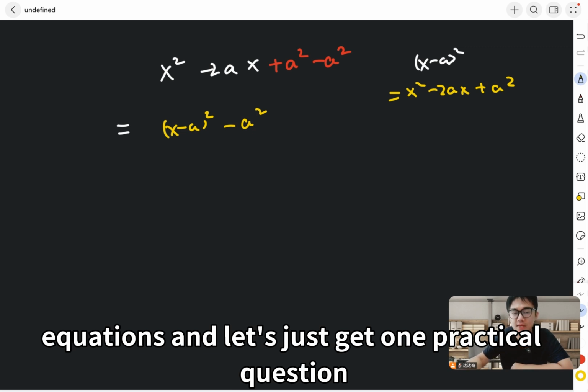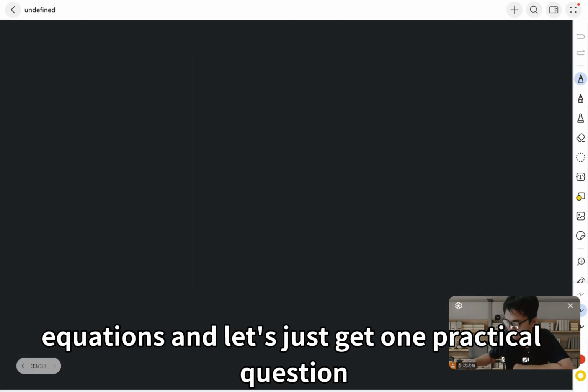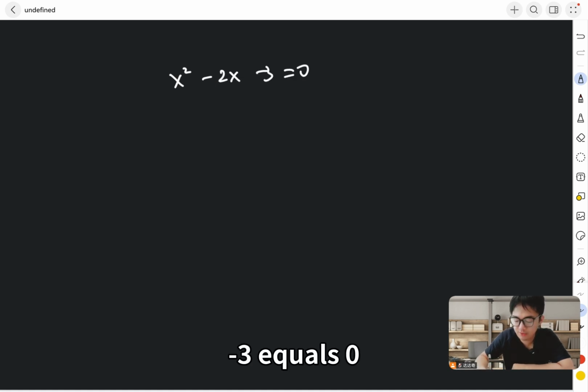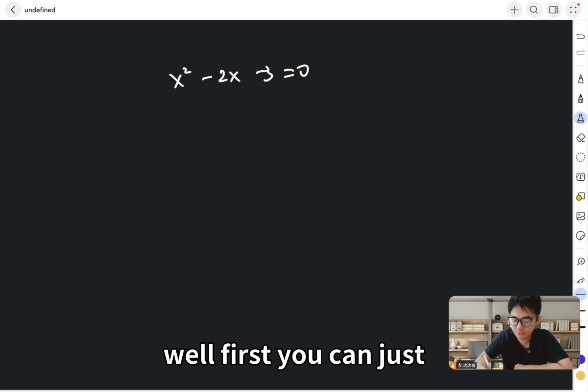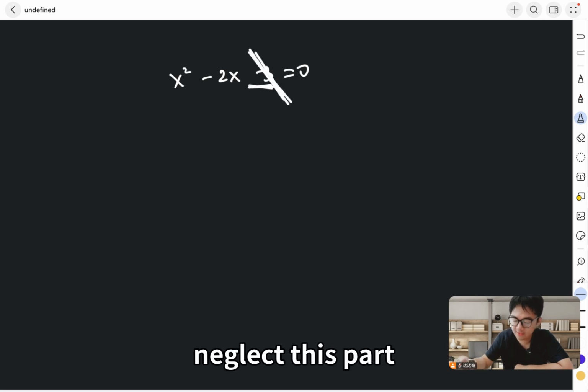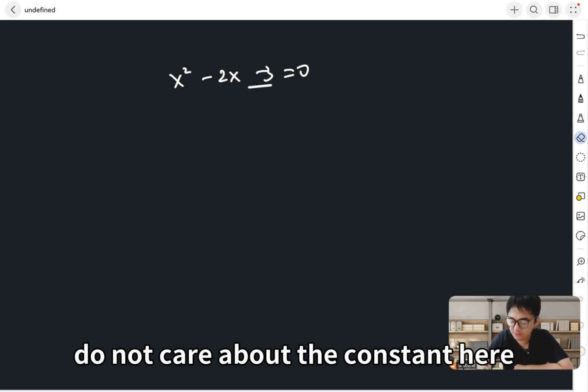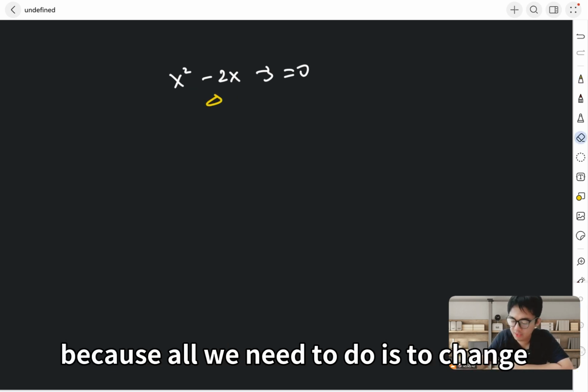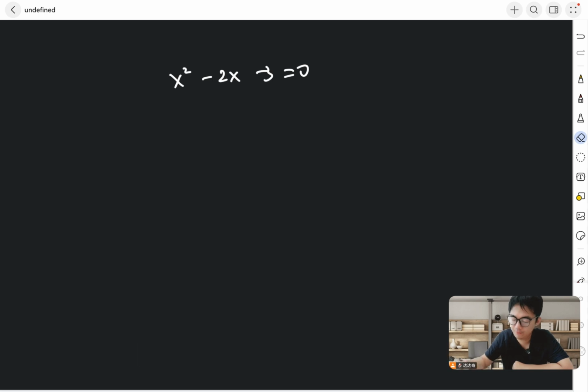And let's just get to one practical question. x squared minus 2x minus 3 equals 0. Well, first you can just neglect this part. Do not care about the constant here. Just focus on this part, because all we need to do is to change it into the quadratic form.